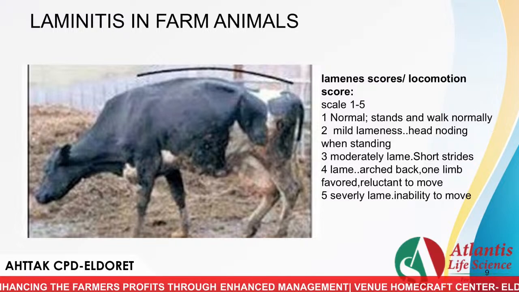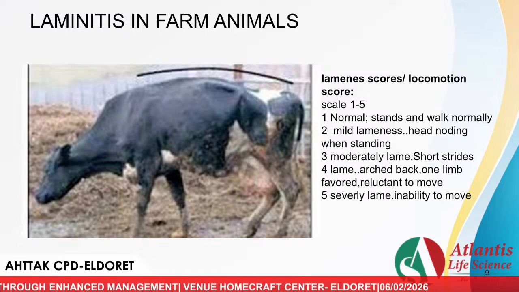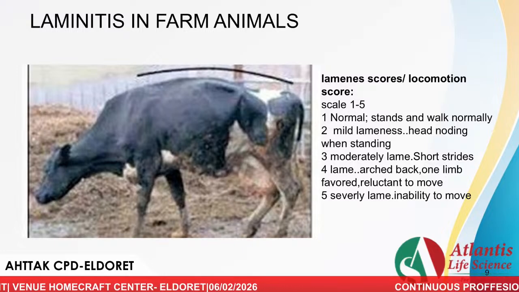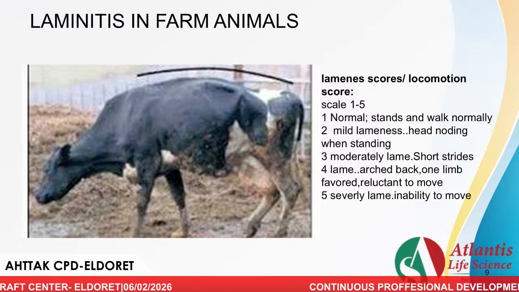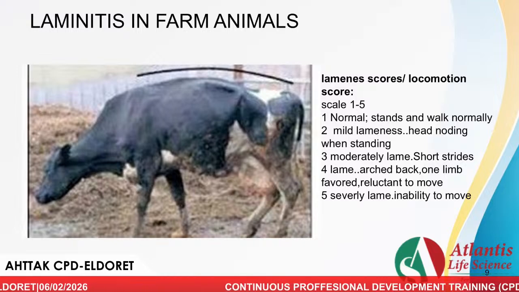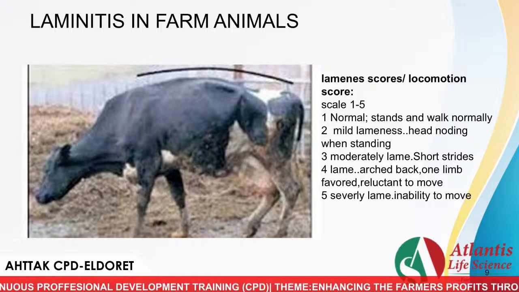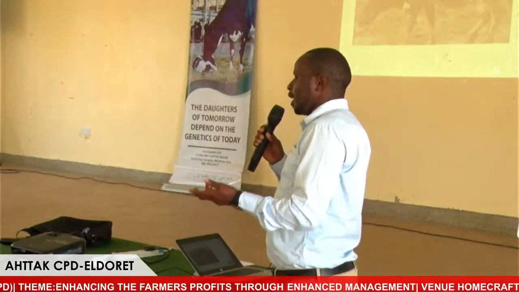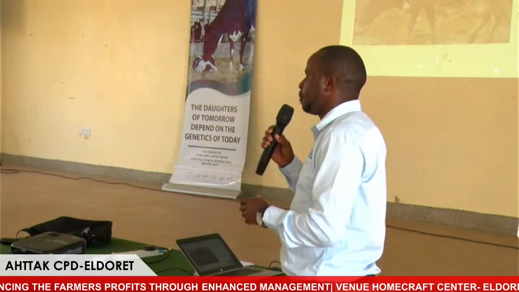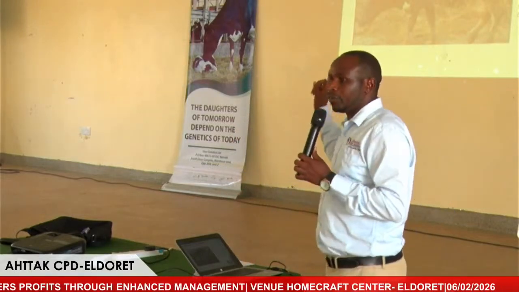Now in number 4, you can say there is a pronounced lameness, because the animal has the arched back, is favoring the affected limb, and is also reluctant to move. That is now the clinical stage, the pathognomonic sign of lameness, isn't it?